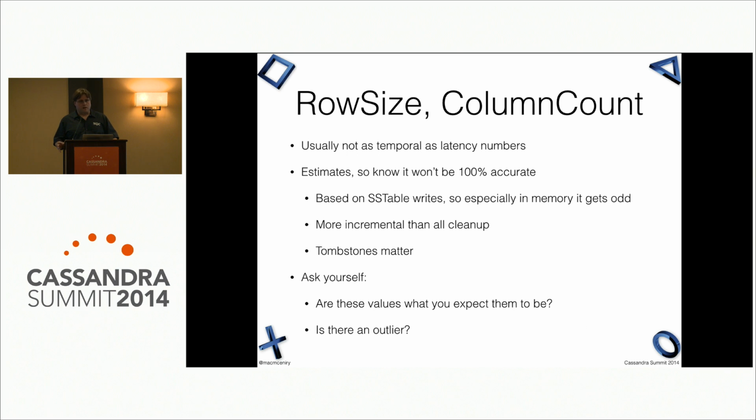Row size, column count, again, no clear indicators whether this is good, bad, or other. Obviously, the larger a row, the more columns it has, the more latent the response will be, most likely. It's just more data. It has more to read in or write out. The other thing to keep in mind with these two in particular, they're estimates.